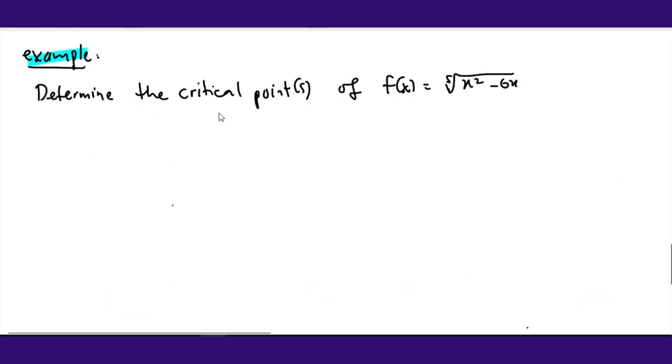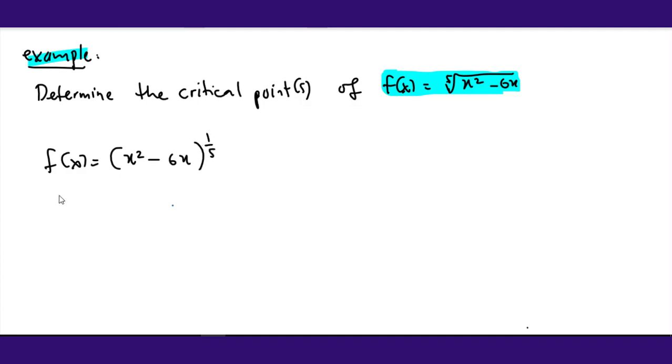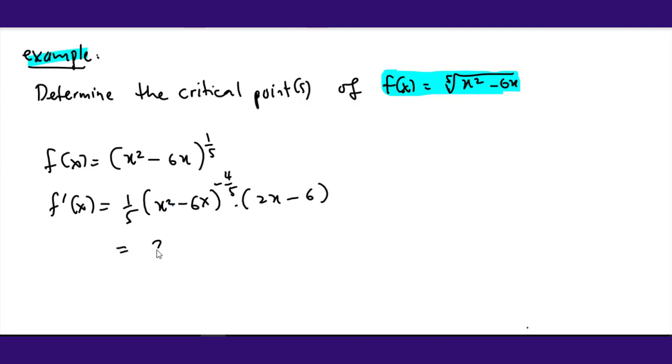Example: determine the critical points of this function. Firstly, you need to differentiate this function. Change it into the form x squared minus 6x to the power of 1 over 5. Find the first derivative f prime of x using the power rule: 1 over 5 times x squared minus 6x to the power of negative 4 over 5, then differentiate inside to get 2x minus 6.